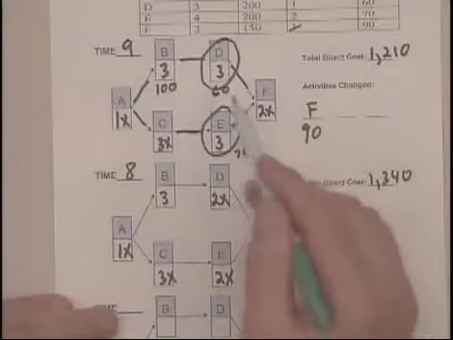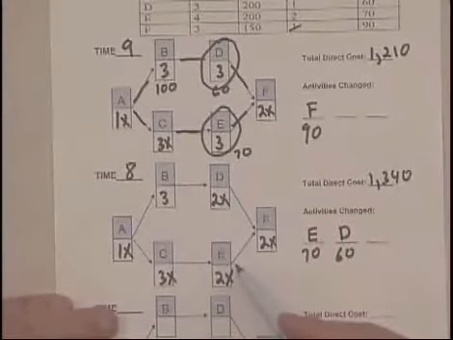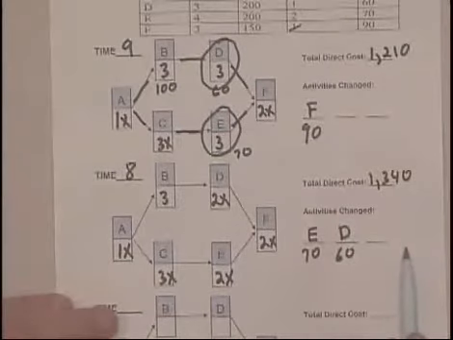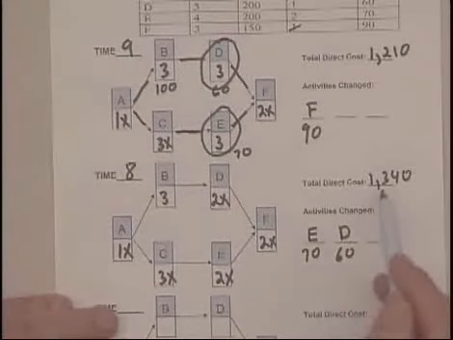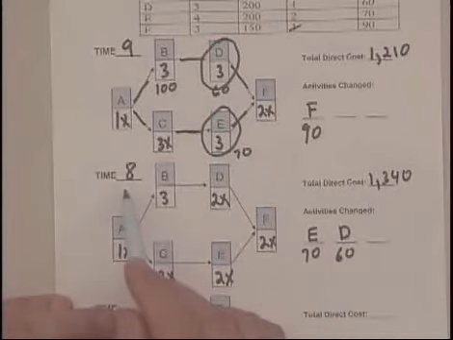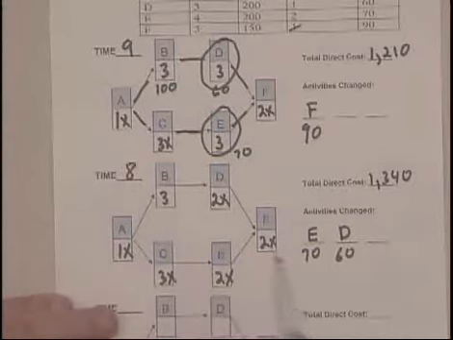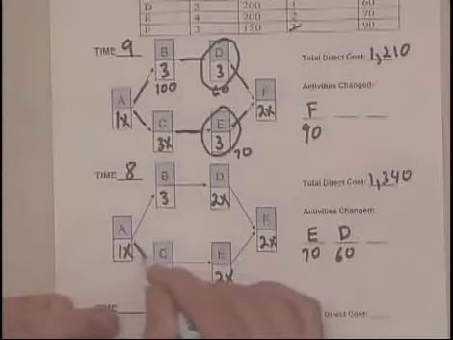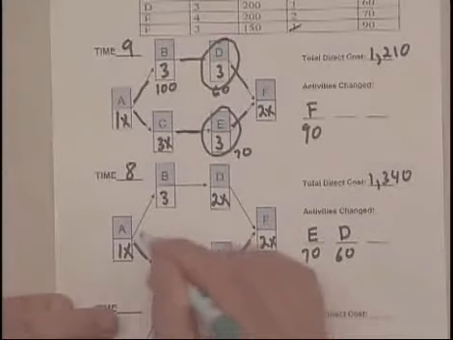So I've gone ahead and recorded the changes in both D and E, put X's next to them because they reached their maximum crash time, total up the two costs. We got a new total of 1,340 to do the project in 8 days. Now let's see what we can do in terms of getting to 7. Check here. Still got our two critical paths.